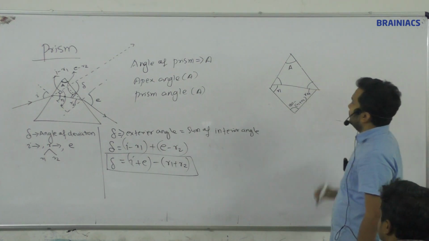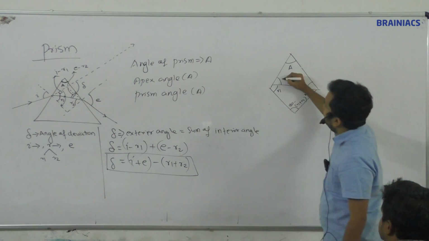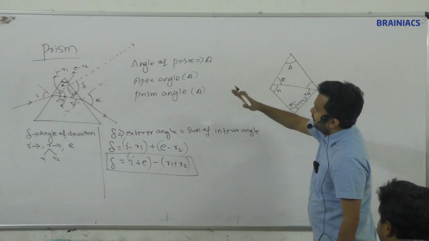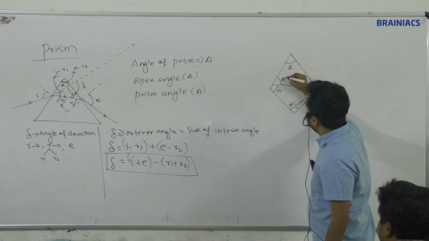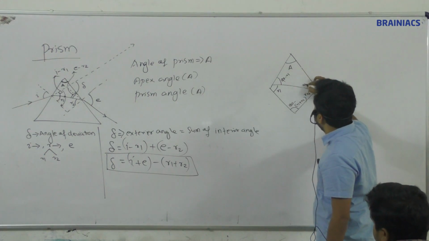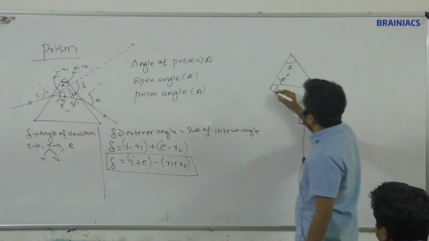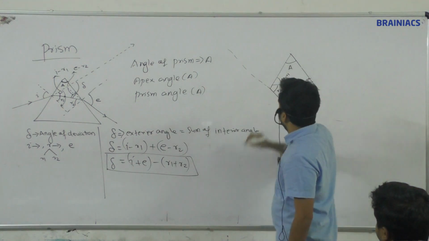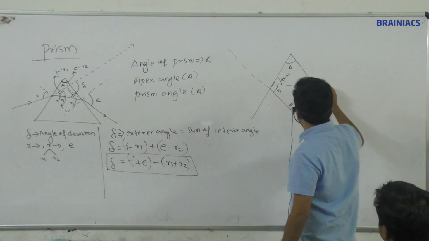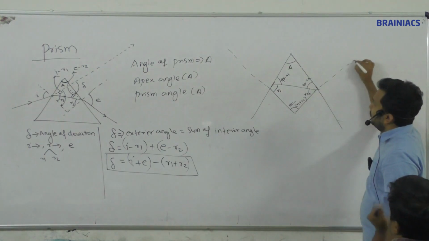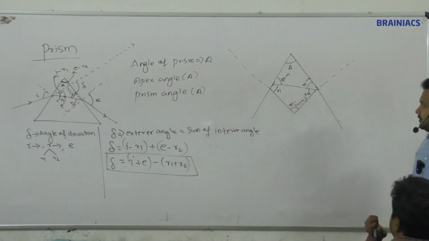I want this angle also. What is this angle? 90. These two are perpendicular, so this is 90 minus R1, and this is 90 minus R2. This is the normal ray, this is the side of the prism, and this is the next normal ray. Now I am extending the figure.